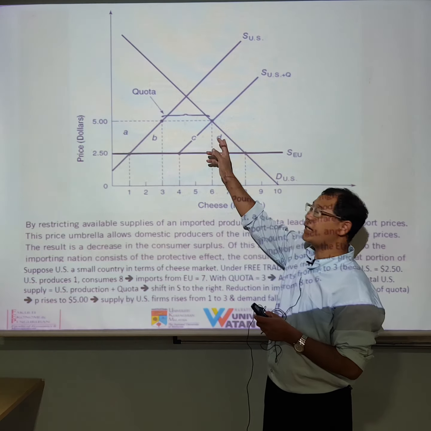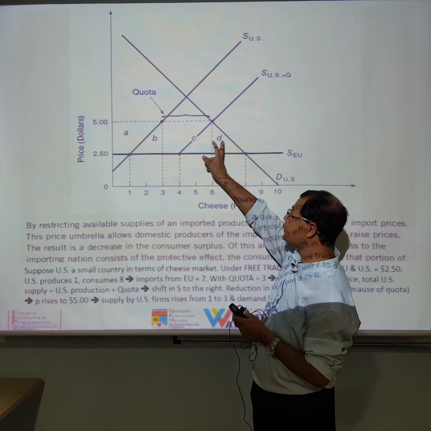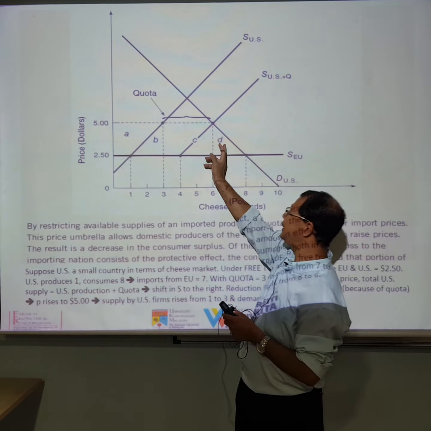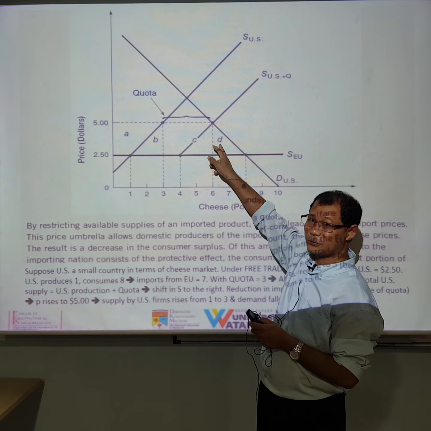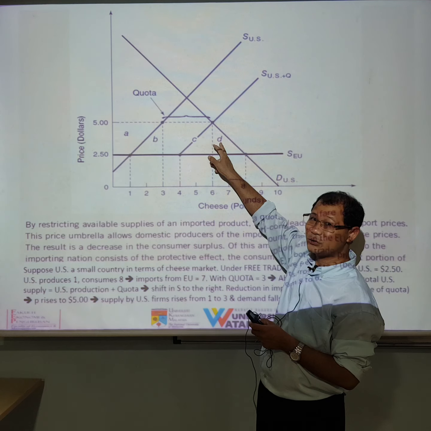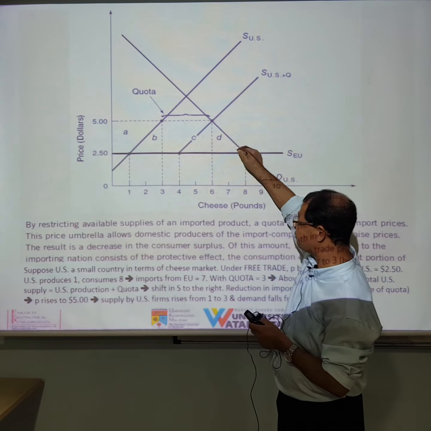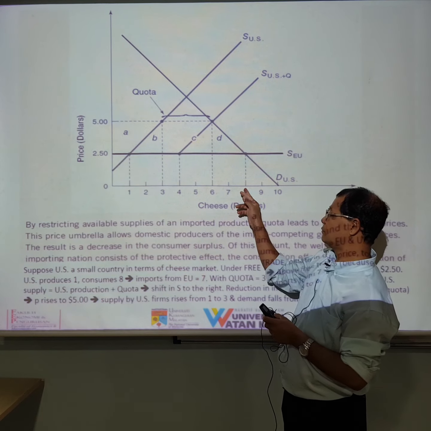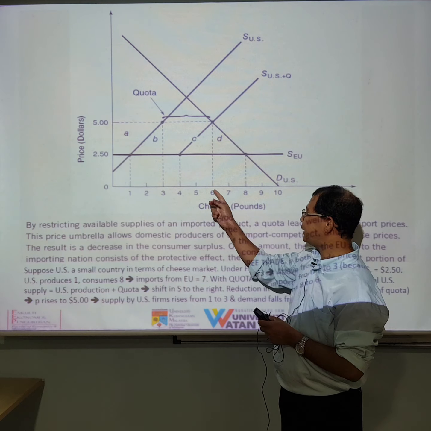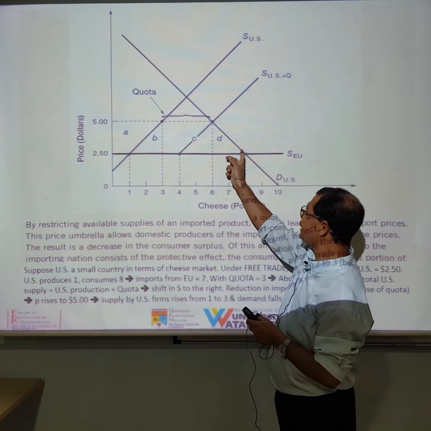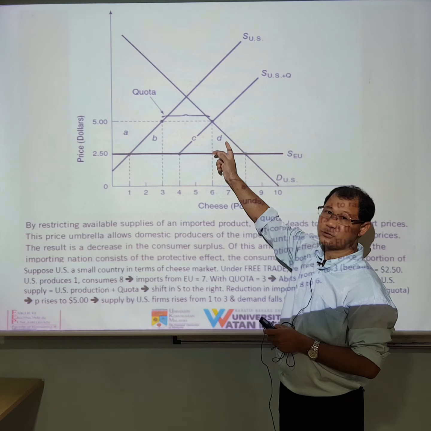D is another deadweight loss, because consumers lost it. A, B, C, D, consumers lost it, but D doesn't go to anyone. D goes to no one. So this is another deadweight loss. What happened? Consumption in the country falls from 8 to 6 because of higher prices due to the quota.